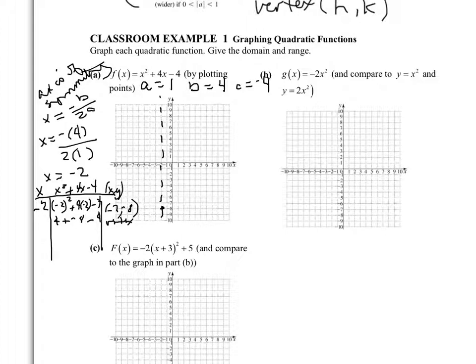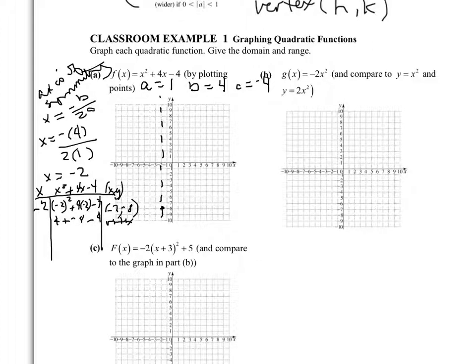Now, because there is symmetry, that will be extremely helpful for me to be able to find more points in graph. Remember, with a parabola, we need a total of 5 points, the vertex and 4 more. But think about it, since I have symmetry, if I can find 2 more points, I can reflect those points over my axis of symmetry and find the other 2.